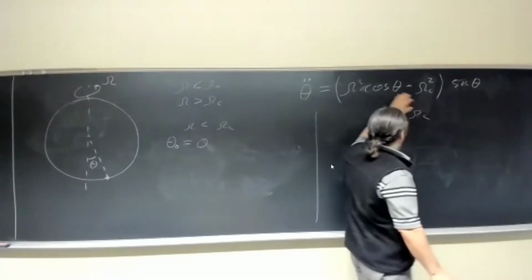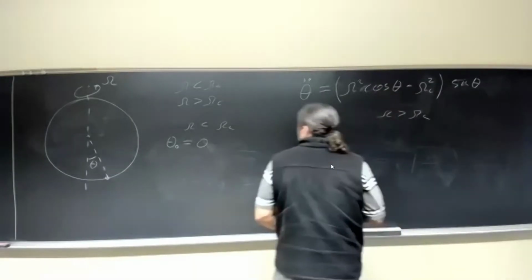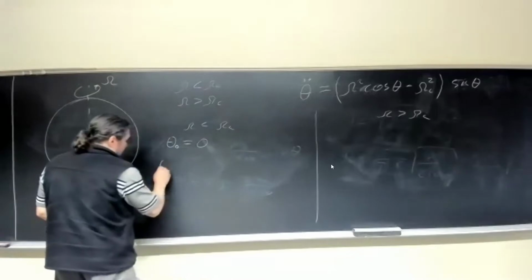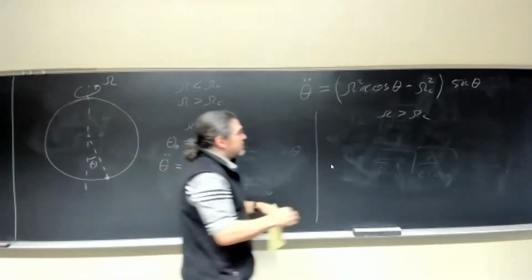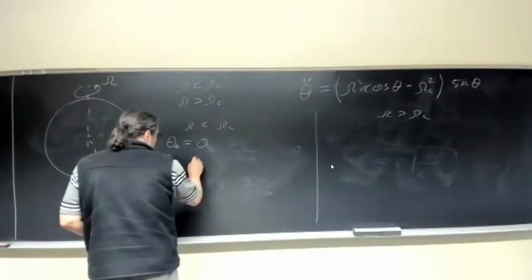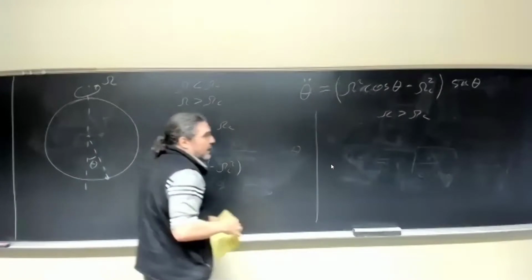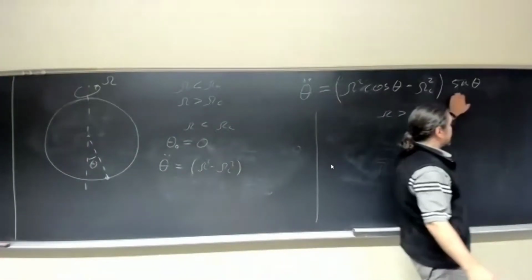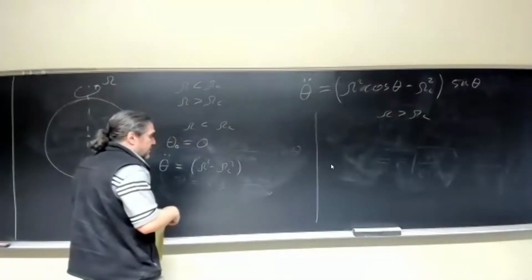Right? Now, when theta equals 0, cosine is almost 1. So what we have here is theta double dot equals, cosine is almost 1, so we can forget about it, and this is omega squared minus omega c squared, and the sine of theta for small thetas is the same as theta.